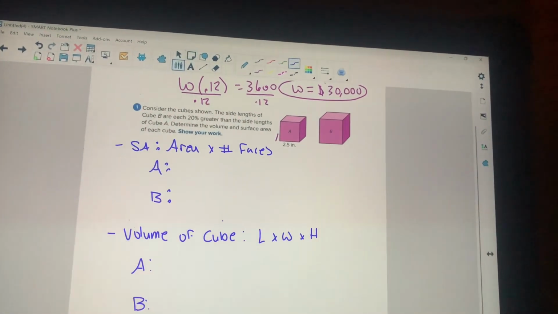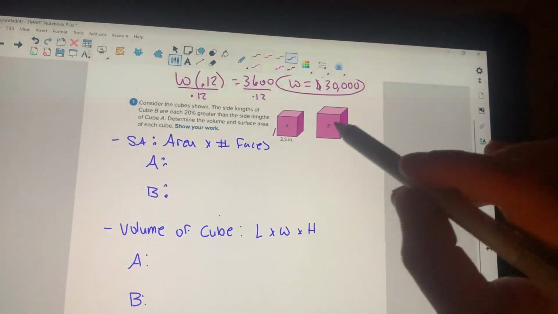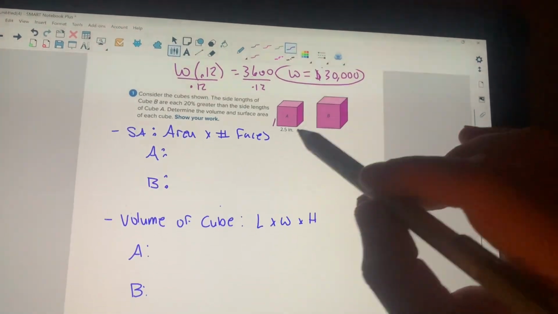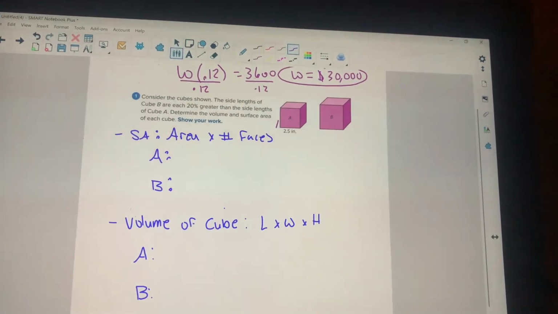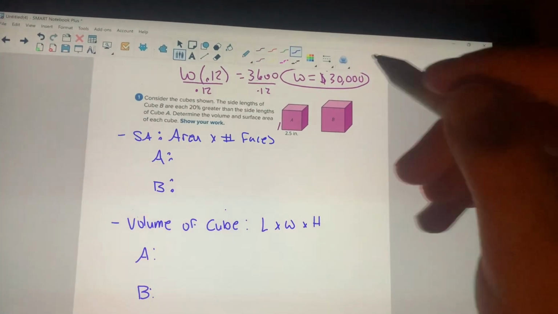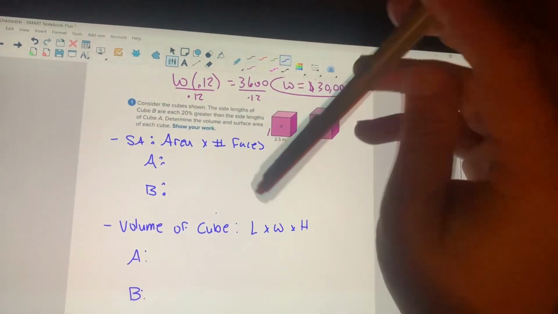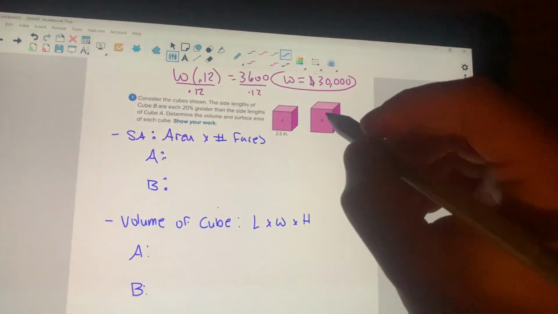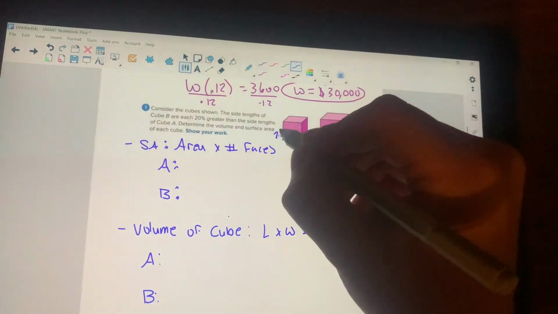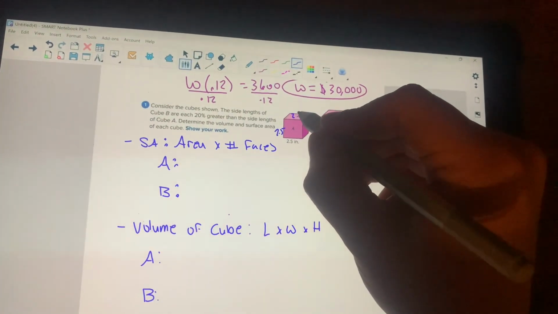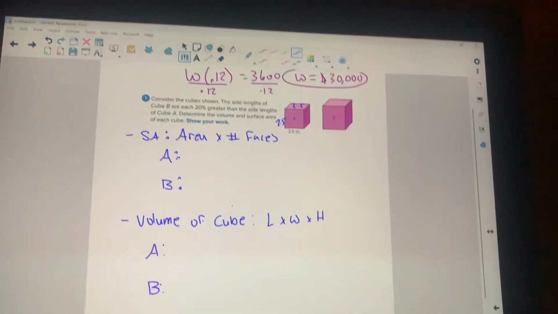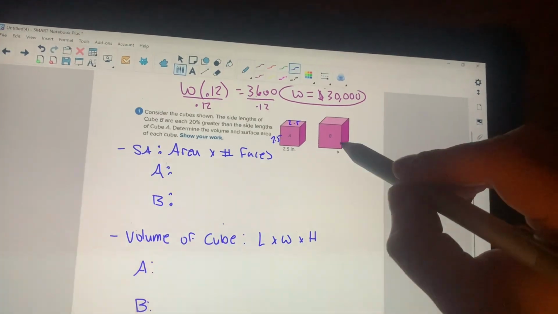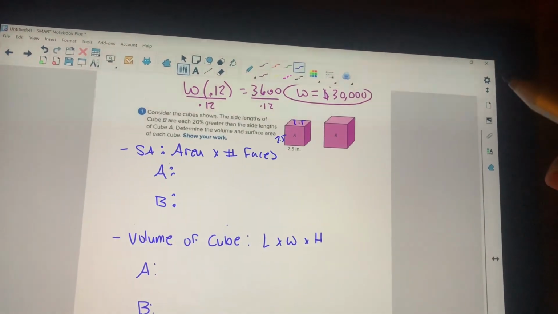So before we get started, I don't know the side lengths for cube B. I know all of them for cube A because a cube is made of squares and it has same sides all the way around. So I know one side is 2.5, so that means every single side has a side length of 2.5.